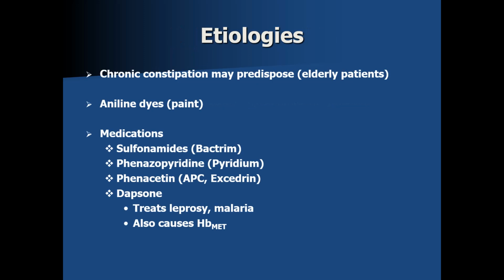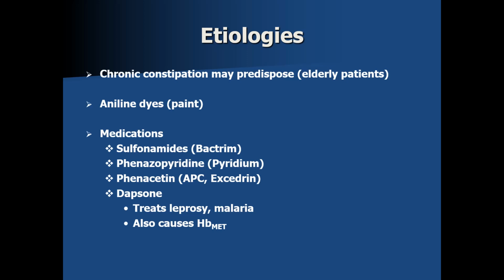The etiologies of sulfhemoglobinemia include chronic constipation as a predisposing feature. Of course, we see this frequently in elderly patients. Exposure to aniline dyes, as in some paints, also can cause sulfhemoglobinemia in susceptible patients, as well as medications.